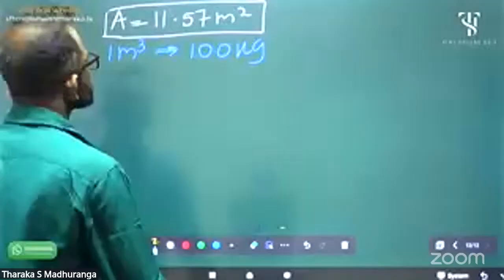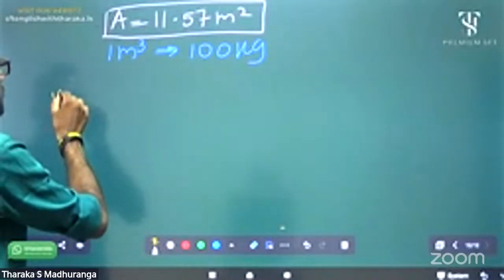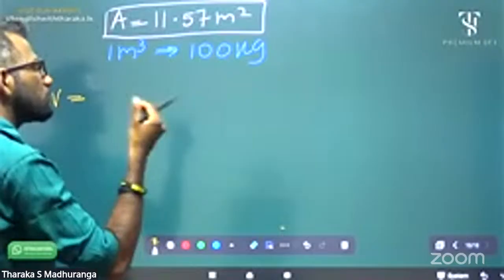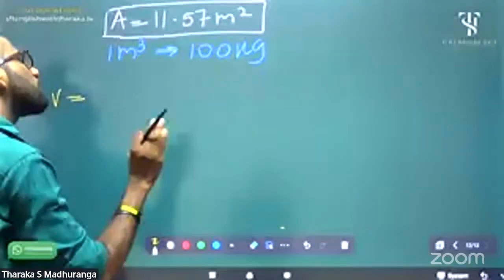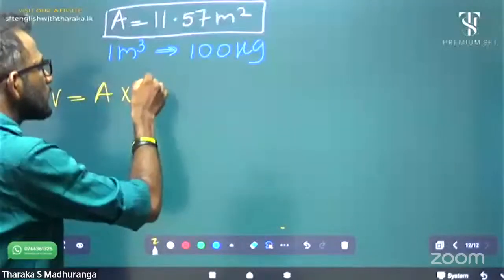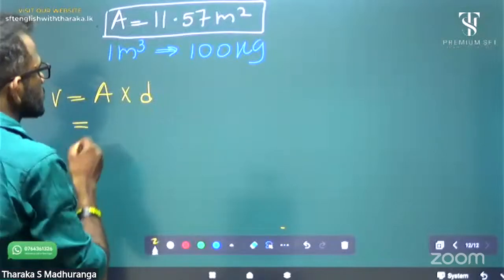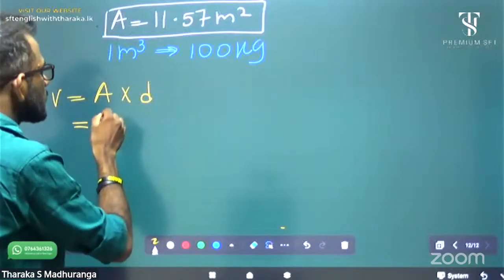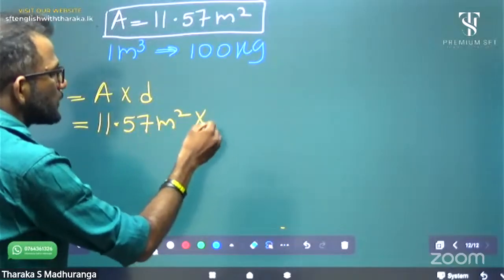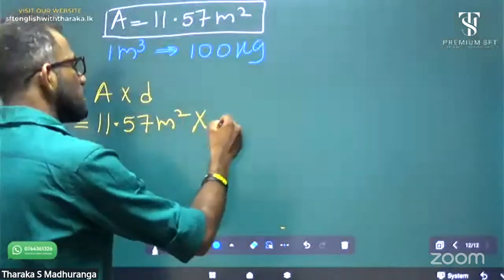Now, first of all, you can calculate the volume of this door. It has a uniform thickness, so it is a uniform object. The cross section area multiplied by the thickness. The cross section area 11.57 square meter multiplied by 0.3, the thickness, 30 centimeter.